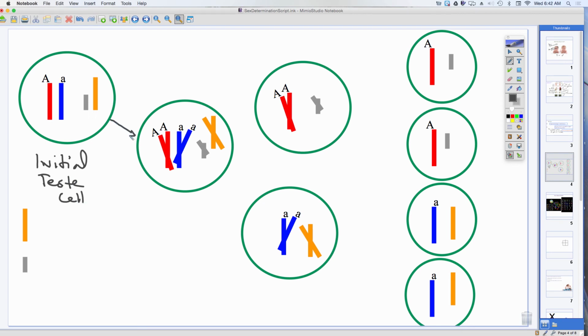And the very first thing that's going to happen is the chromosomes will duplicate in S. So DNA replication will occur, and that's why we now see the pairing of the big A's and the pairing of the little a's. I want you to notice and pay particular attention to these chromosomes. These are our sex-determining chromosomes.